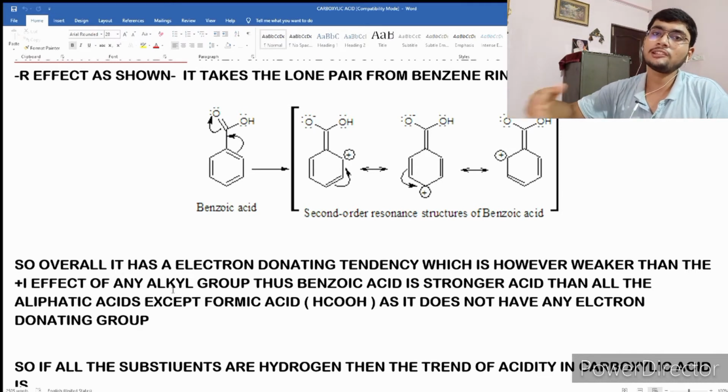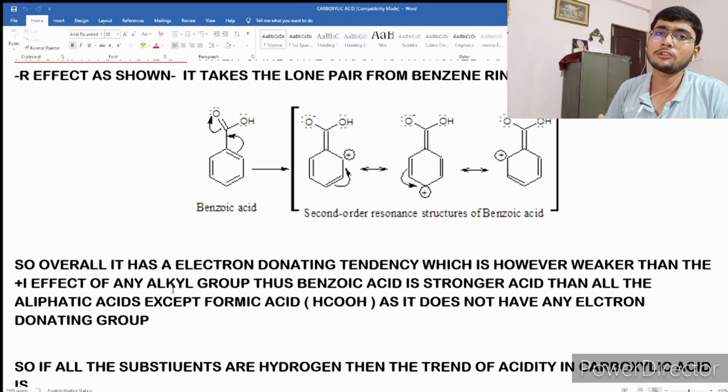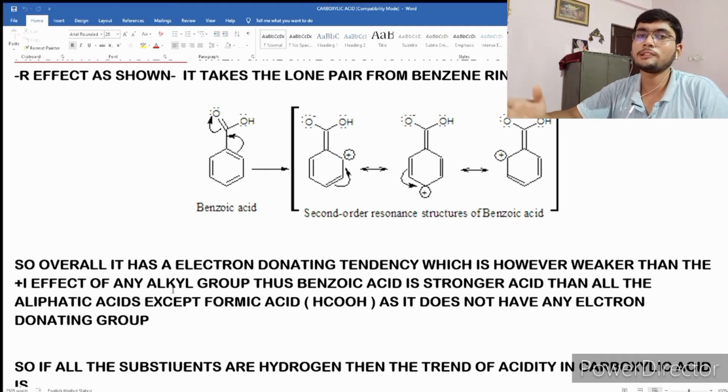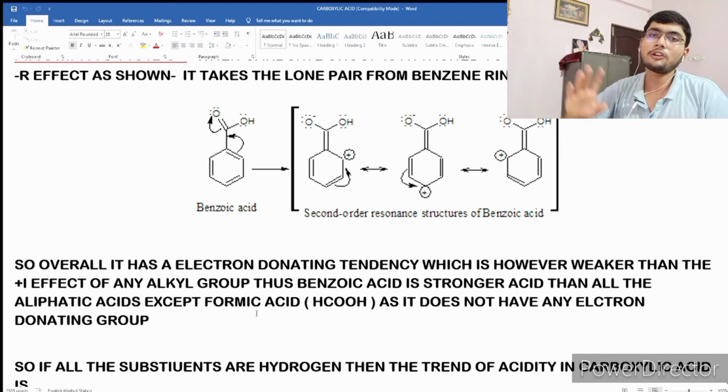So that's why it destabilizes the conjugate base, but its magnitude of destabilization is less as compared to the aliphatic acids. Okay, so that's why the benzoic acid is a stronger acid than aliphatic acids. So that's what I've written here, that the benzoic acid is a stronger acid than all the aliphatic acids except formic acid. Yes, formic acid is even stronger than the benzoic acid.